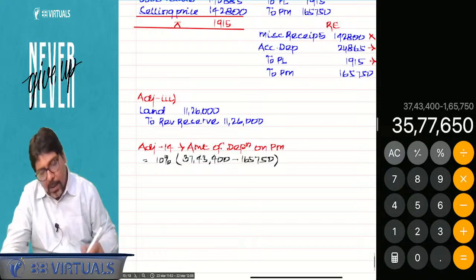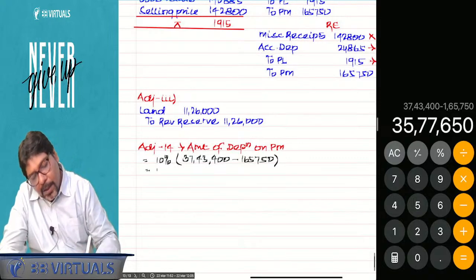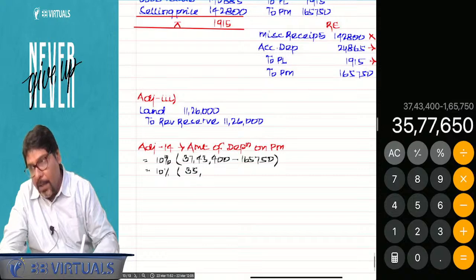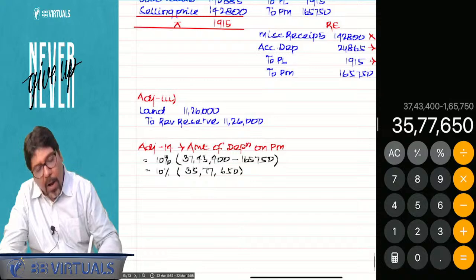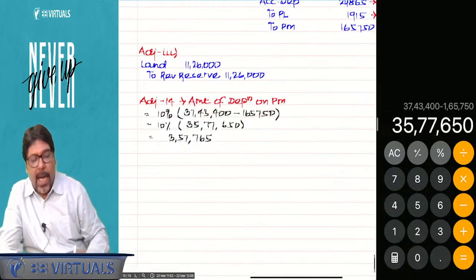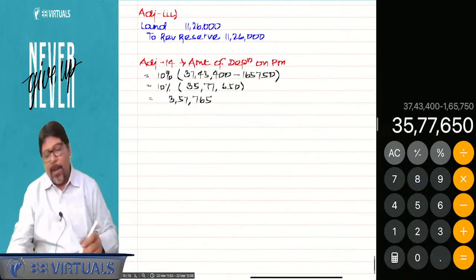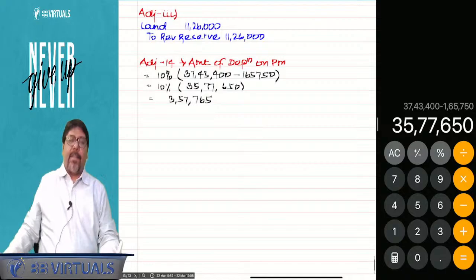It will become 10% of 35,77,650. Of that, 10% is equal to 3,57,765.